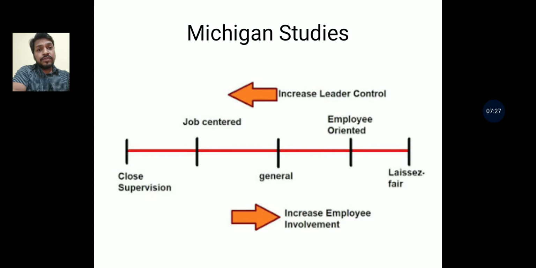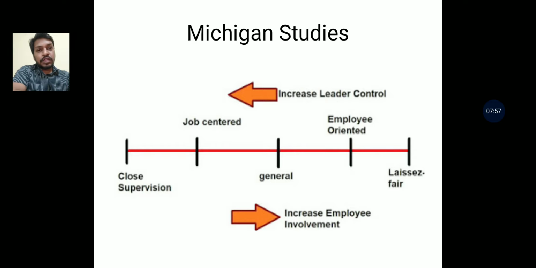Now if a leader wants more control, if he is totally task oriented, totally production oriented, look at the left hand side, he will be closely supervising things. And if he is more employee centered, more employee involved, he will be giving free rein to the employees, so that they can work on their own and participate more, and it will be a totally democratic setup.